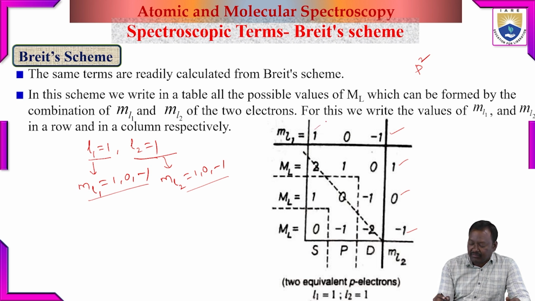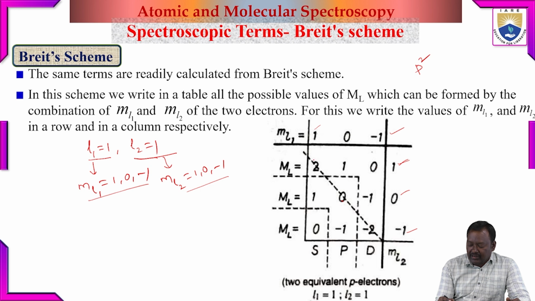By adding, 1 plus 1 is 2, 0 plus 1 is 1, minus 1 plus 1 is 0, and again 1 plus 0 is 1. We write all these values to the left side of the ML2 values. 1 plus 0 is 1, 0 plus 0 is 0, minus 1 plus 0 is minus 1, and 1 plus minus 1 is 0, 0 plus minus 1 is minus 1, minus 1 plus minus 1 is minus 2.